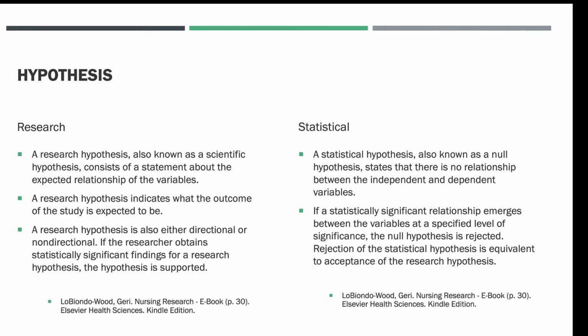And when we think about this, we want to think of this in terms of either a research hypothesis or a statistical hypothesis. And there's a little difference. A research hypothesis is also known as a scientific hypothesis. It consists of a statement about the expected relationship of the variables.